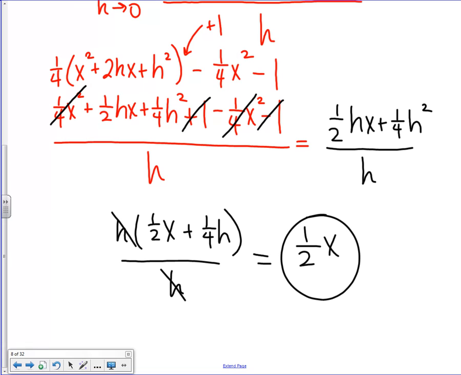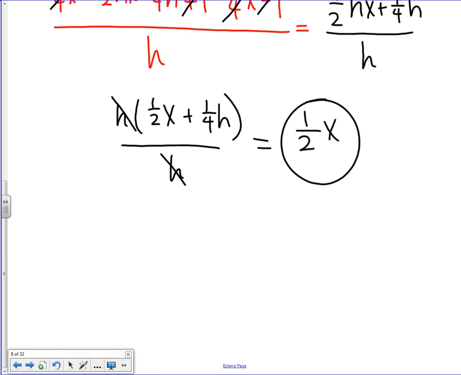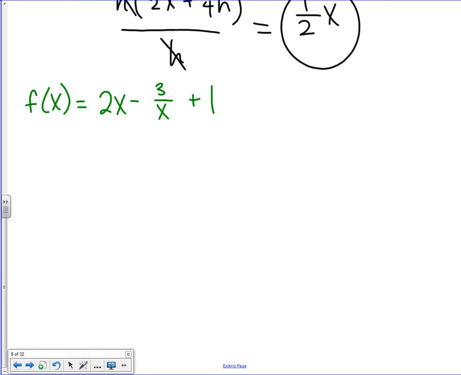Now again, this definition is going to be used if no value is given to you. Okay? So I screwed up a little bit in the middle there, and I might have confused you a little bit. So let's try one more. Let's try and rework this one using this h definition.